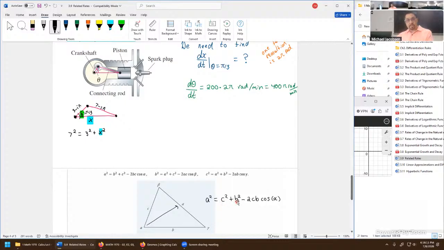If you went c squared plus b squared, it's minus 2c times b. So here we'll go minus 2 times 3 times x, following that same exact pattern. So x comes in again, and then we go times cosine theta for this problem. So that's the use of the law of cosines.